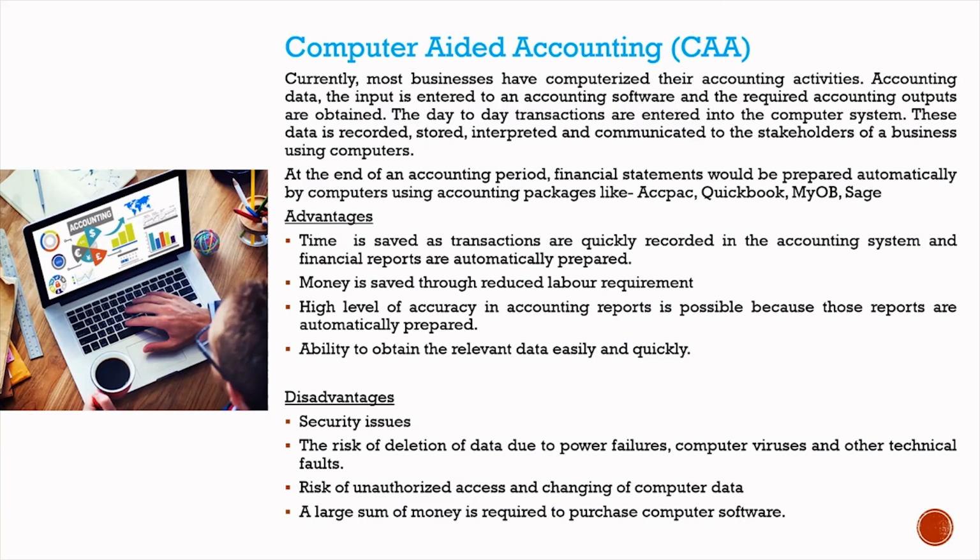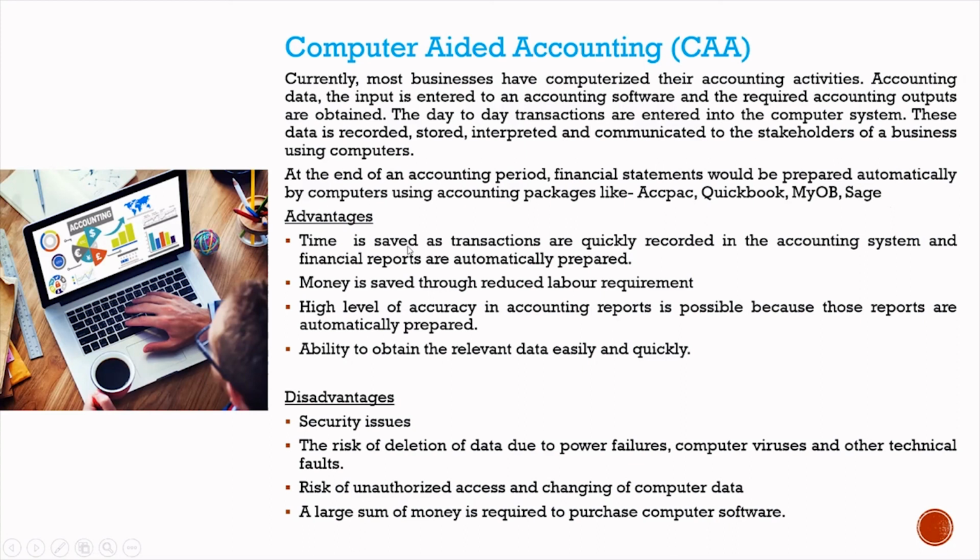Similarly, when we are making records, we can use accounting packages such as AccountPack, QuickBooks, MYOB, Sage. All these will help us to prepare our financial statements and maintain our accounts more accurately. So what kind of advantages do we have?